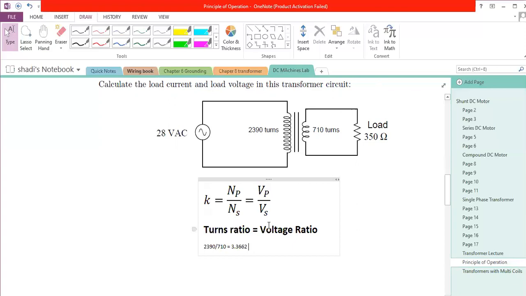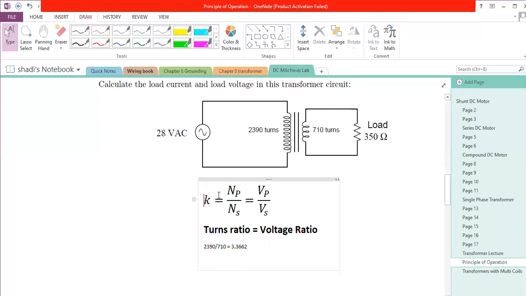So as you can see here, 3.3662 equals the voltage of the primary over the voltage of the secondary. The voltage of the primary equals 227, right? So in order to find the V secondary, we can divide V primary over K.